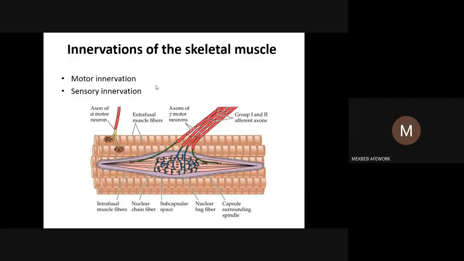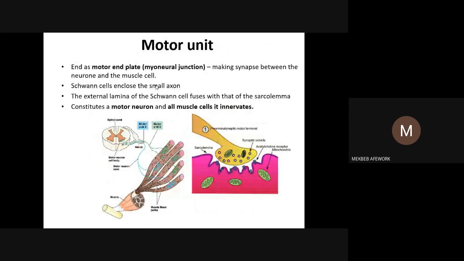So sensory innervation should also be there. So for this, we have motor and sensory innervation. The motor forms the well-formed myoneural junction, a good example of a synapse. And for making the synapse, the proportion also matters.